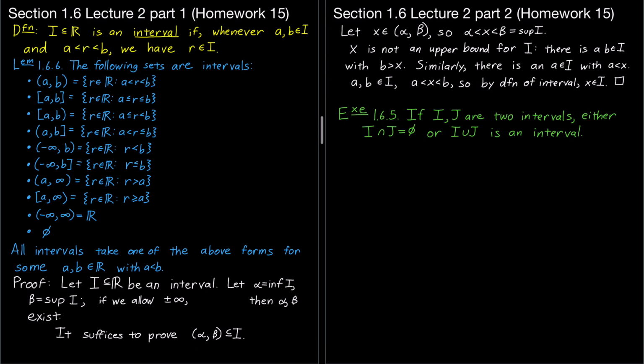It's actually possible for them to be both. If, say, I is an open interval and J is a closed interval, they can be disjoint and their union still an interval, but if they overlap at all, their union definitely has to be an interval. I'm not going to prove that to you because that is your homework for 15, but we are going to need to use this fact for the next result.